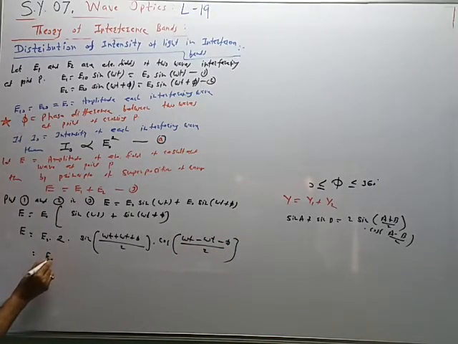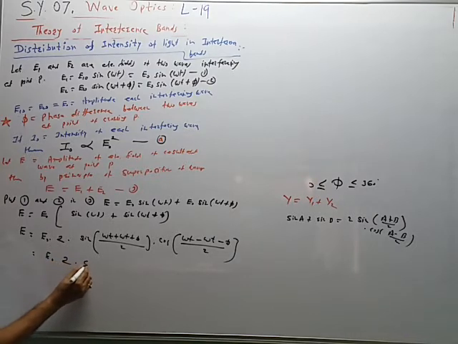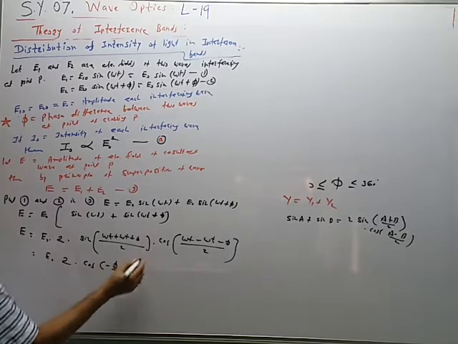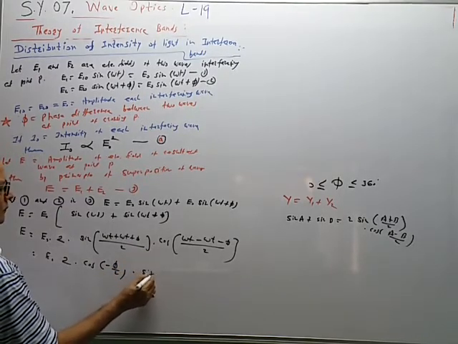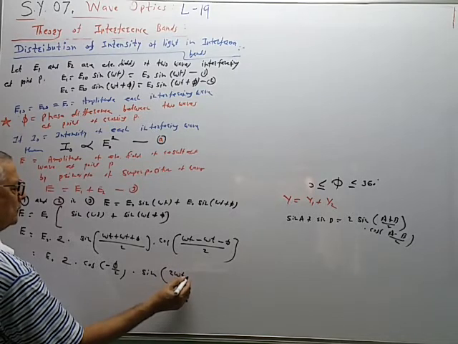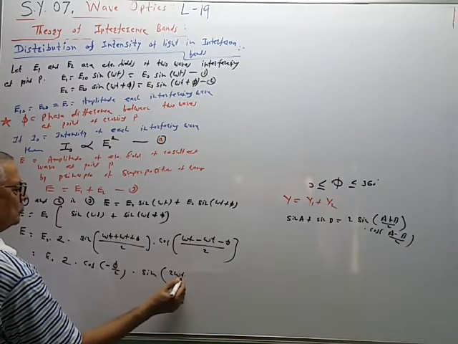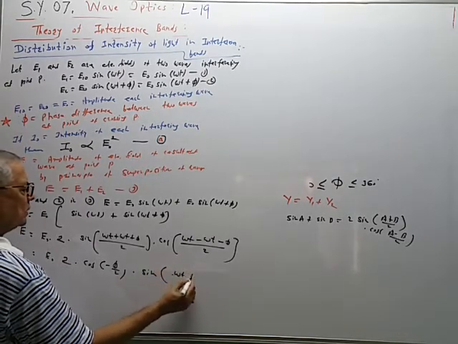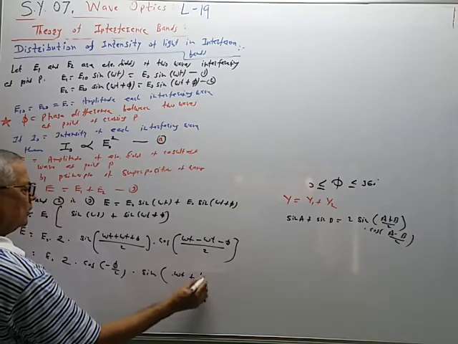So this is equal to 2 E0 cos of (minus phi by 2) into sin of (2 omega t plus phi) by 2.